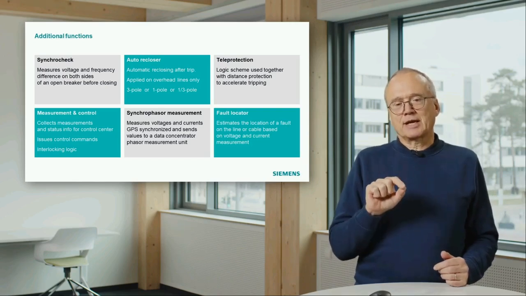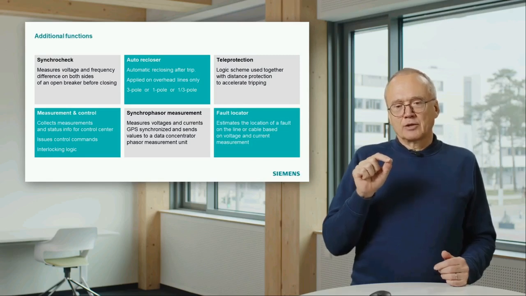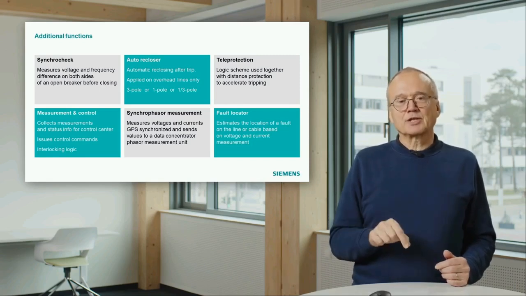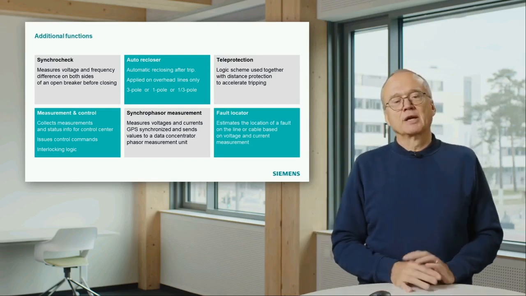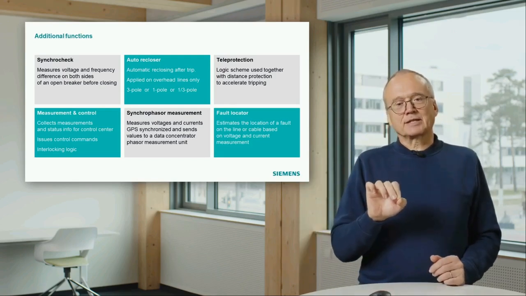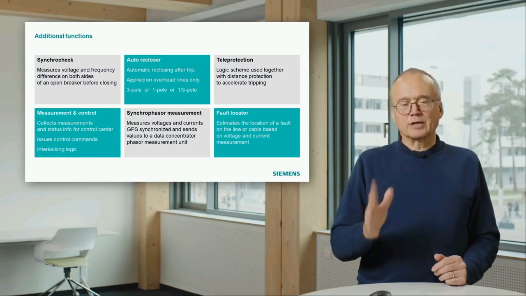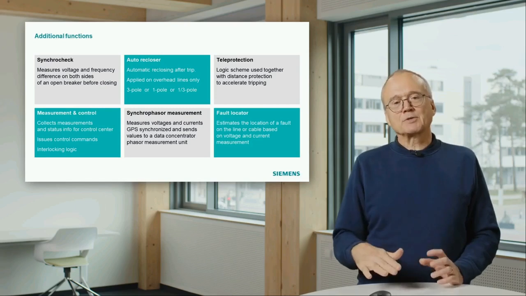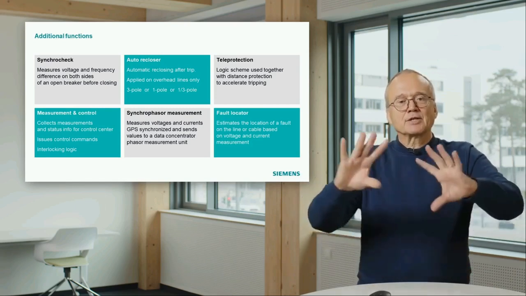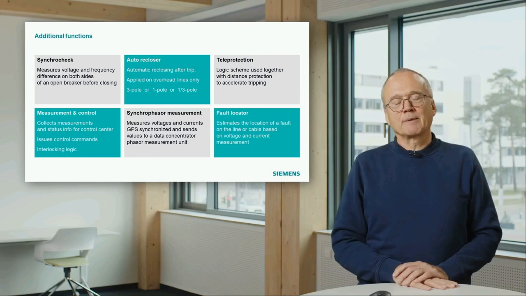That means in this case you need a GPS synchronization in the device. That means you need access to GPS to provide these exact timestamps, and you then do regular measurement of voltage and currents with a timestamp and send this data to a data concentrator.